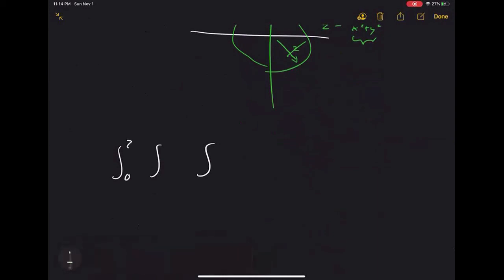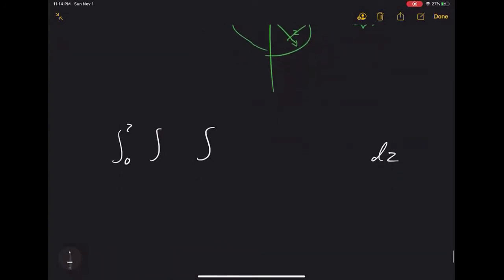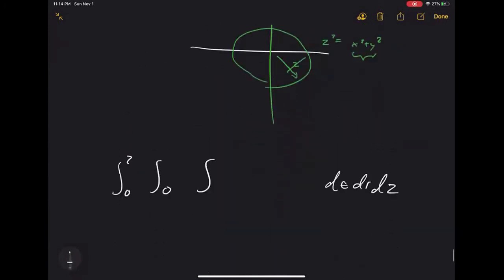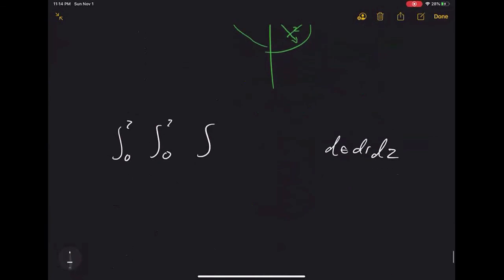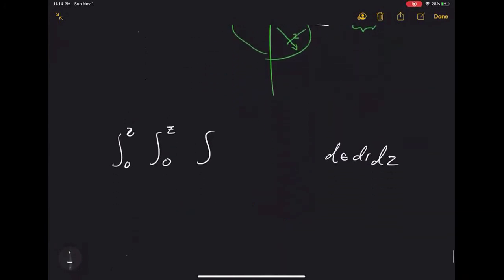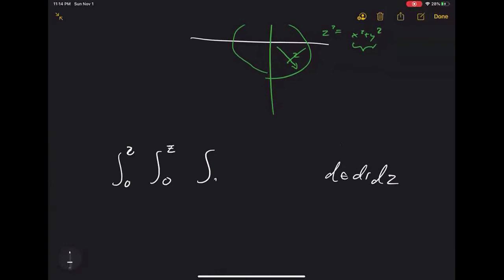So it looks like that's how we should do it. We should have our z integral be our outermost integral with our constant 0 to 2. Then we could do dr d theta in any order we choose. Our bounds on radius should be 0 to z, and the bounds for theta are 0 to 2 pi.